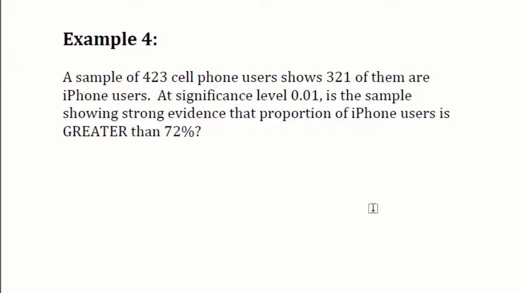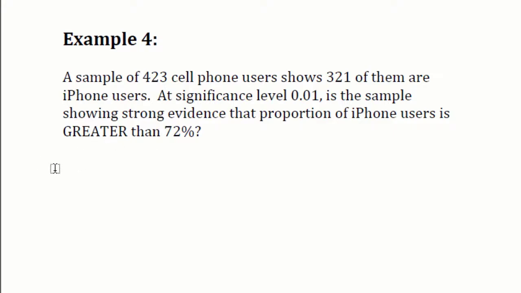And here we are at another example where I'm showing a problem in how we can test a hypothesis about a population proportion value. This is just another example where I am going to focus on the order of the steps, how we can carry out the steps in order to test a hypothesis about the value of a population proportion.